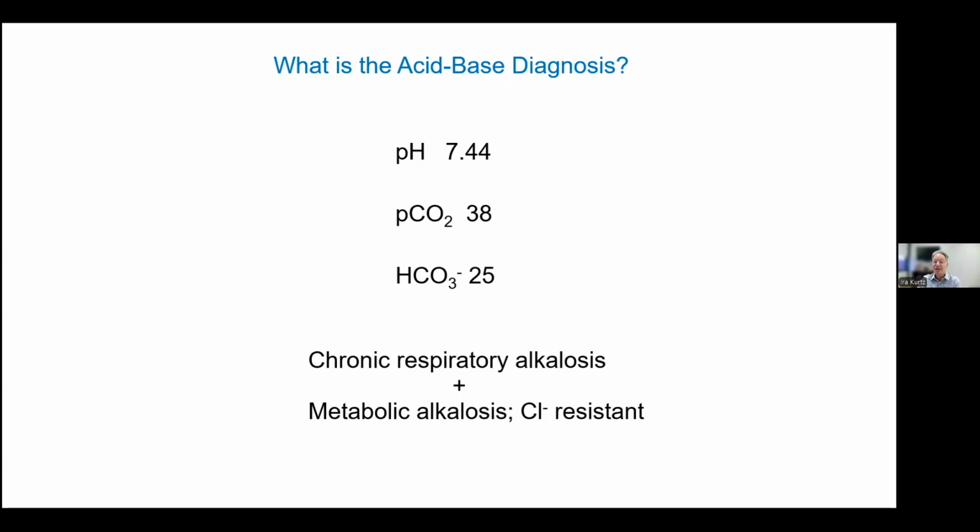So if you normalize the bicarbonate from the chronic respiratory alkalosis number, you're going to end up with the PCO2 going up to what it should be for a normal bicarbonate, which is what it is. It's 38. So both those numbers will increase in the metabolic alkalosis. And it just happened that the magnitude of each of these, even though they're opposite in direction, was quantitatively equal. So you end up with normal numbers.